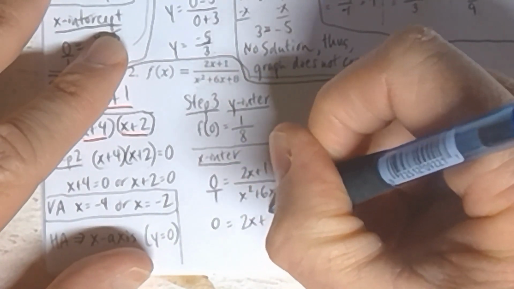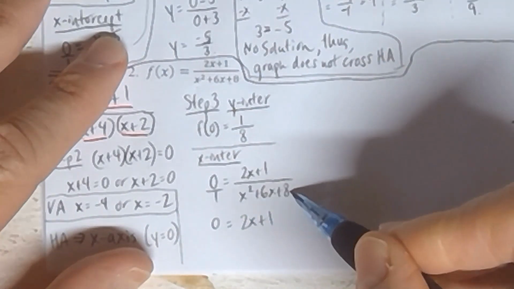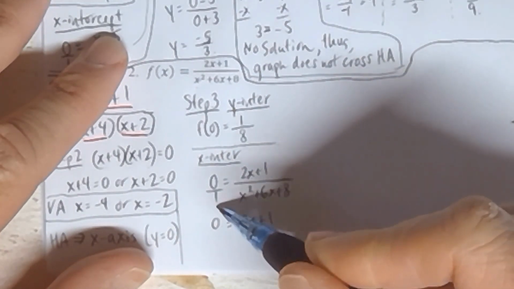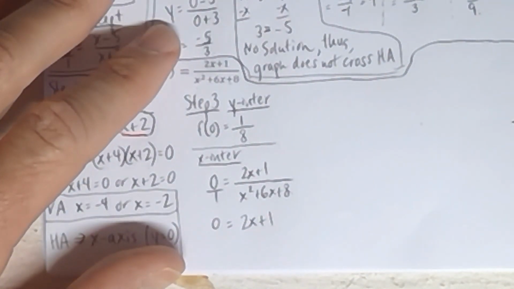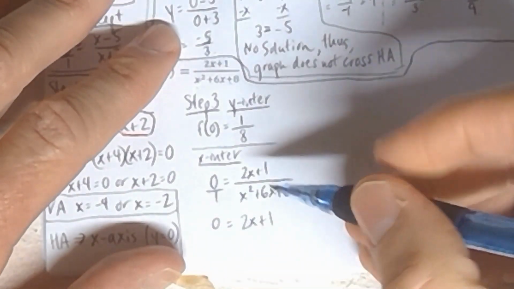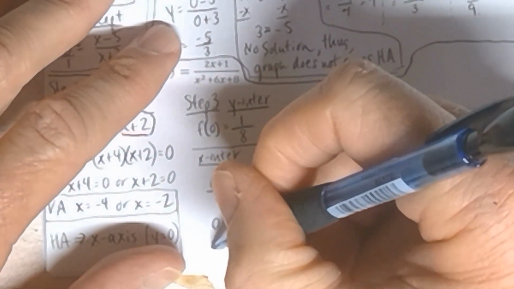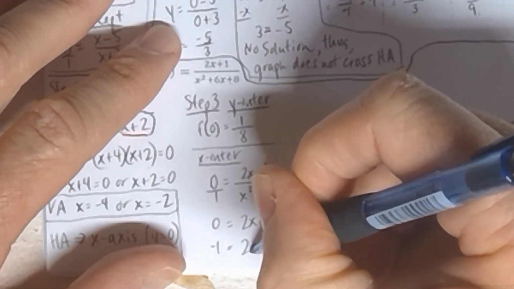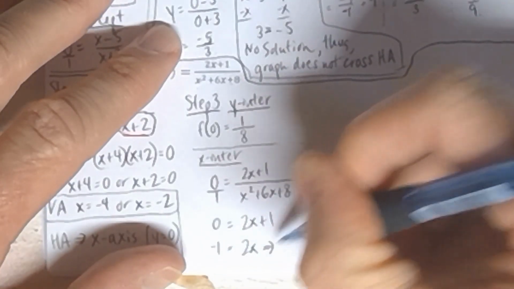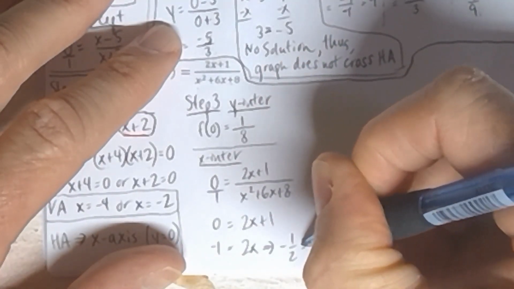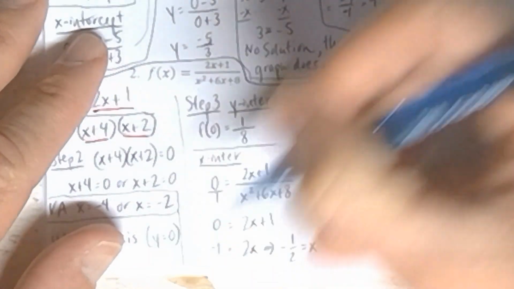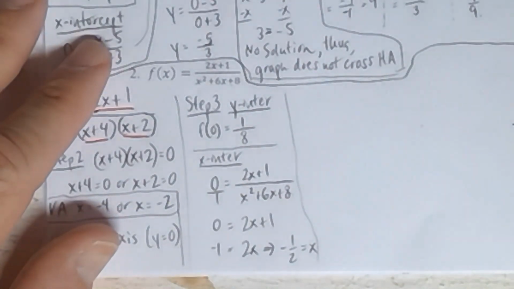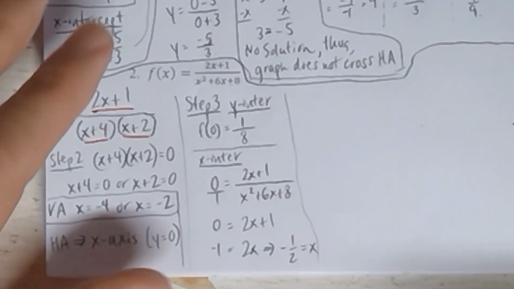Again, I'm cross multiplying. 0 times this big thing right here is 0. 1 times 2x plus 1 is 2x plus 1. What is the x-intercept then? Well, if I move over the 1, I get negative 1. If I then divide out the 2, I get x is equal to negative 1/2. So now we know the intercepts.